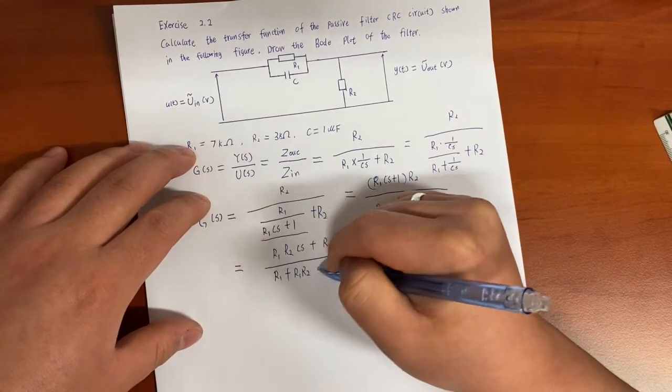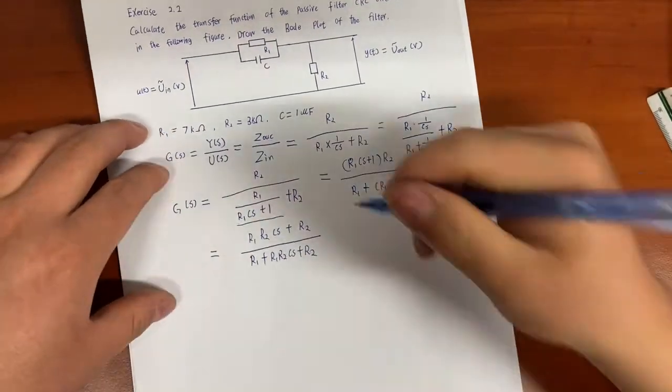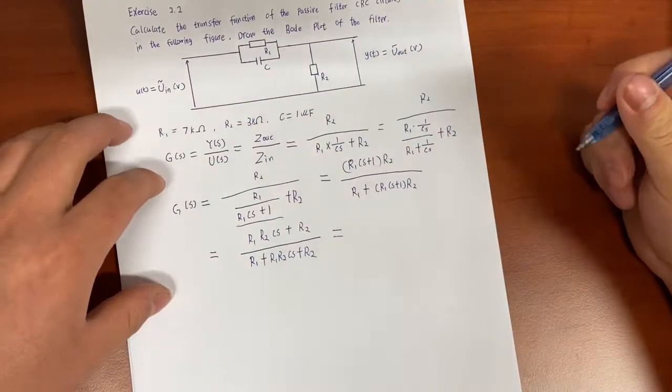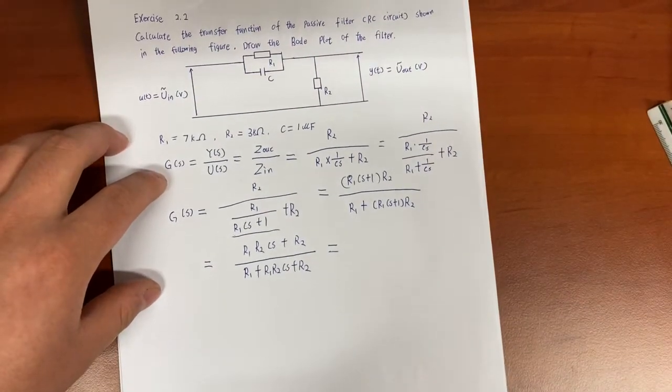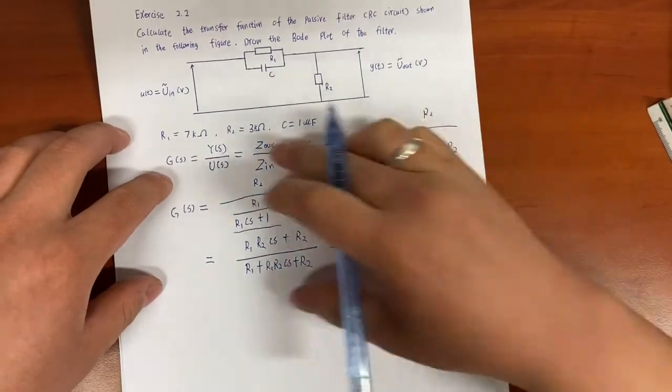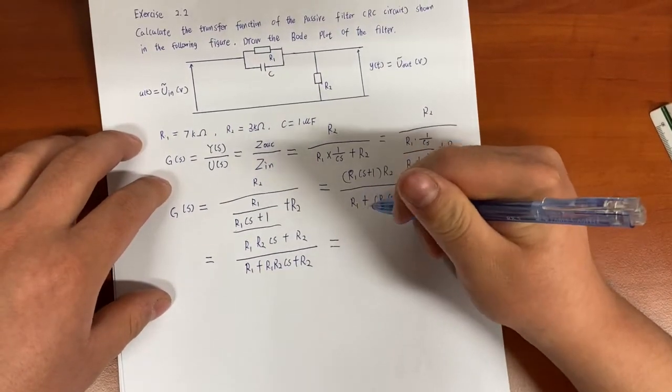R1 R2 CS plus R2. Okay, and then we substitute the parameters, and be careful with the units. We need to convert to standard units.